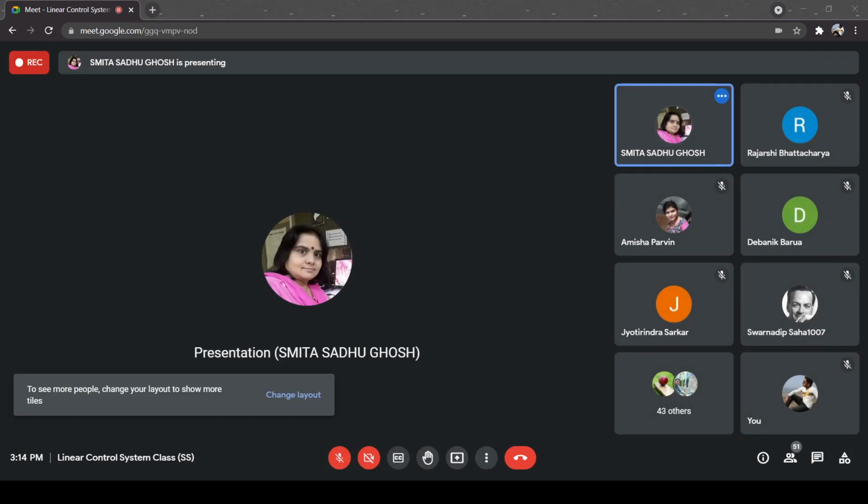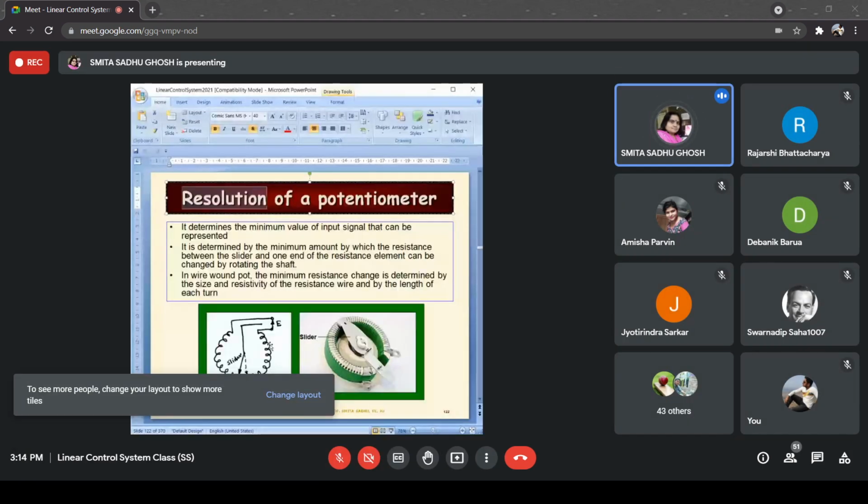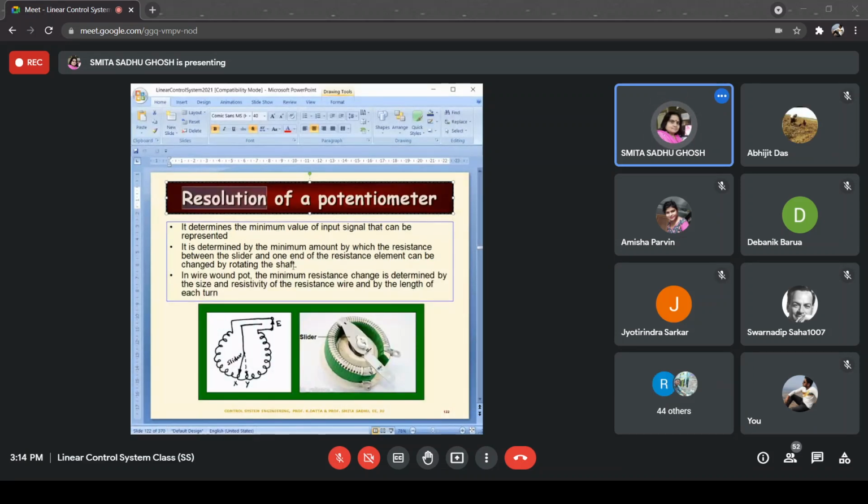That matter, we can actually sense by using a particular potentiometer. That would be called the resolution of a potentiometer. It determines the minimum value of input signal that can be represented.